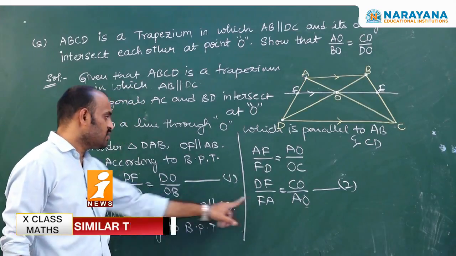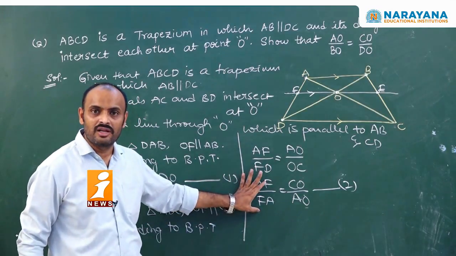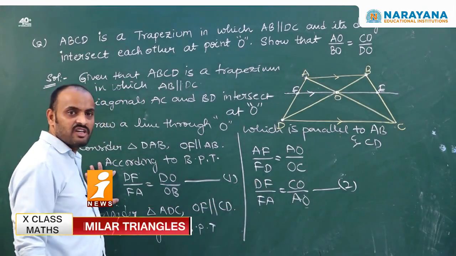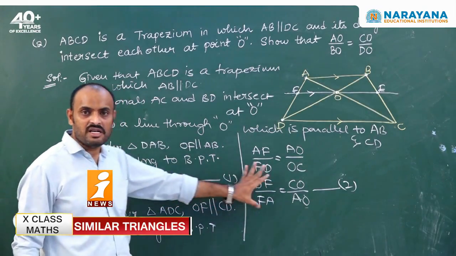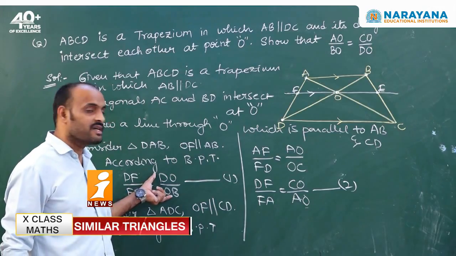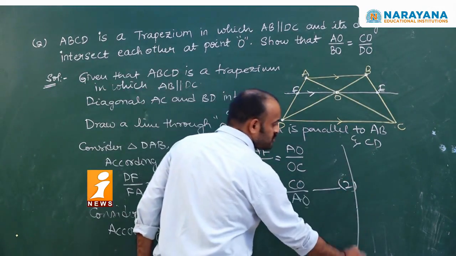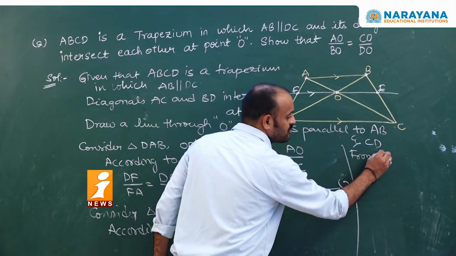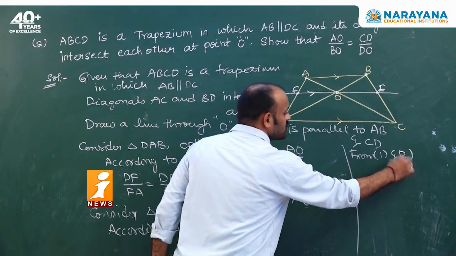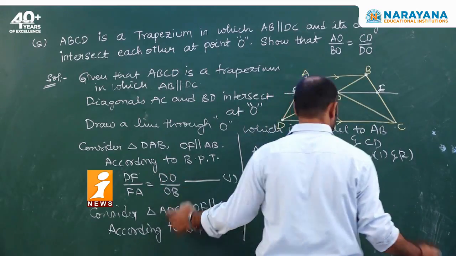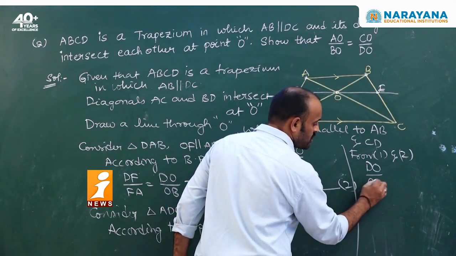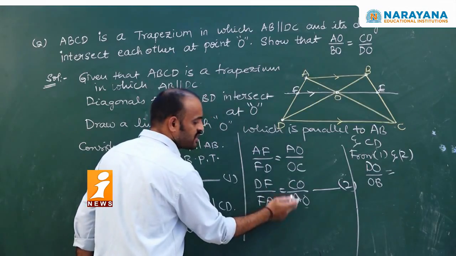See, both 1 and 2 left hand side parts are equal. DF by FA, here also DF by FA. Once the left hand side parts are equal, right hand side parts must be equal. Therefore, from 1 and 2, DO by OB is equals to CO by AO.